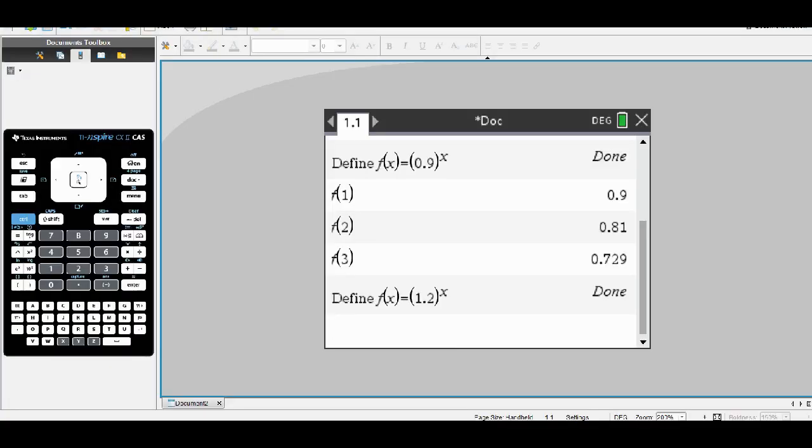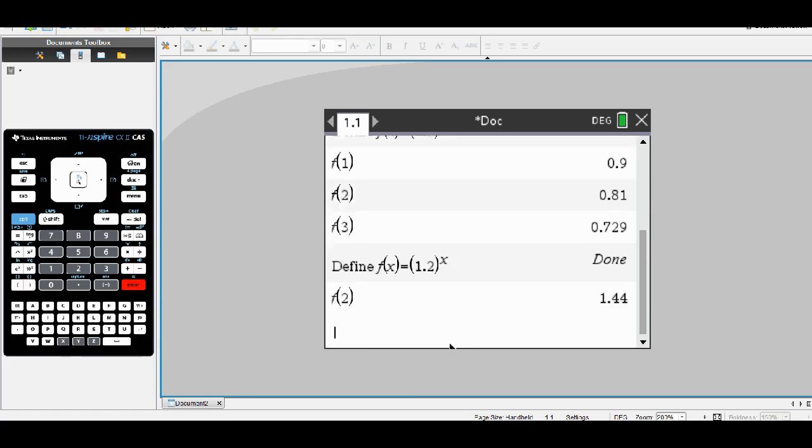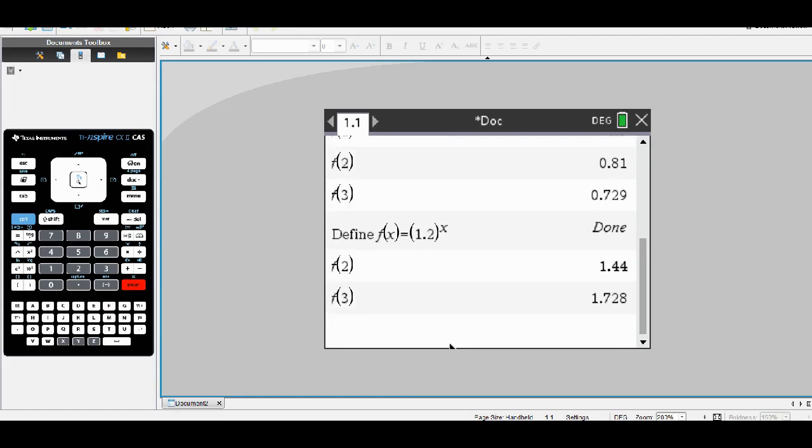Okay, so I define the function here. When you compare to the previous question about the cyclists, in this question the base becomes 1.2, which is greater than 1. So let's see the behavior of this function. When I put 2 into it, it's 1.44, right? Put 3 into it, 1.7.